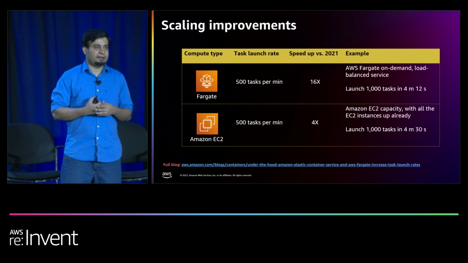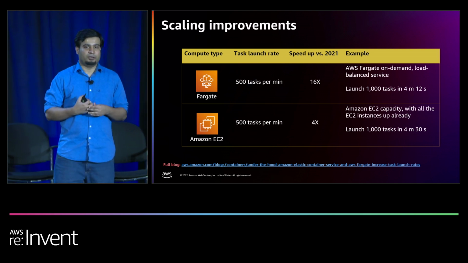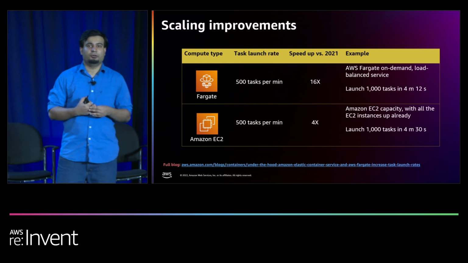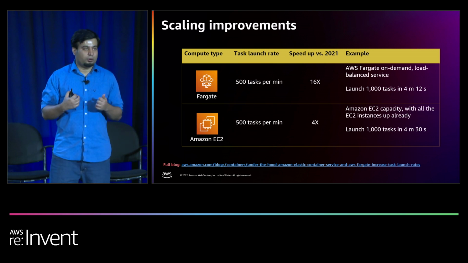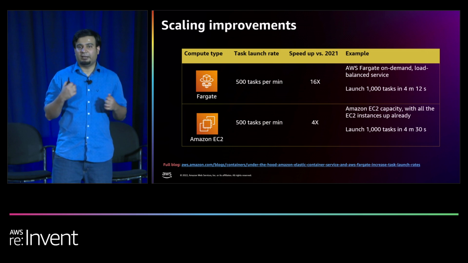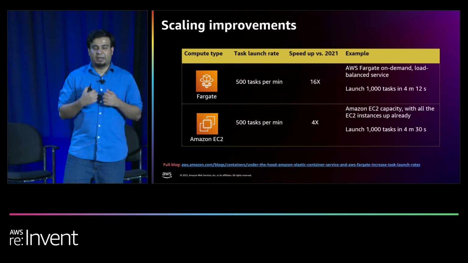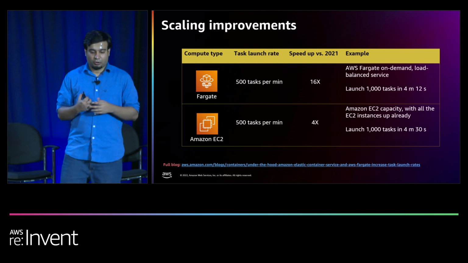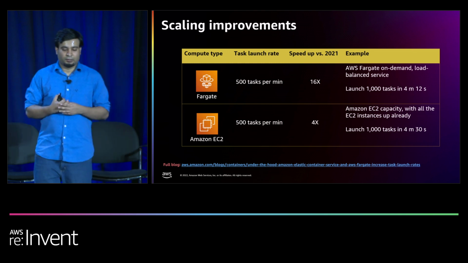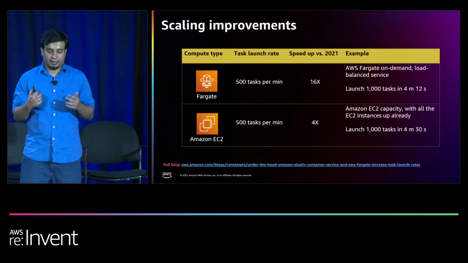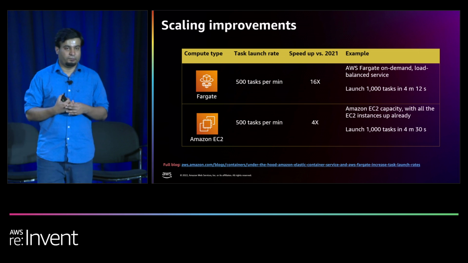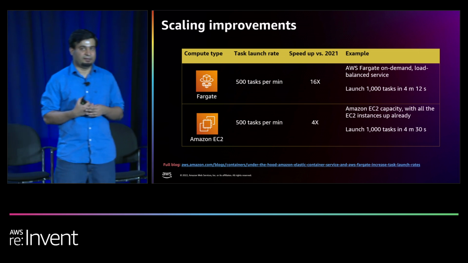Linked on this slide deck is a blog post from our colleague Nathan Peck, which dives deeper into how all of this works under the hood and how different use cases are benchmarked for performance. I wanted to talk about 2 examples here, where ECS on both Fargate as well as EC2 can launch up to 1,000 tasks in under 4 minutes, 30 seconds.